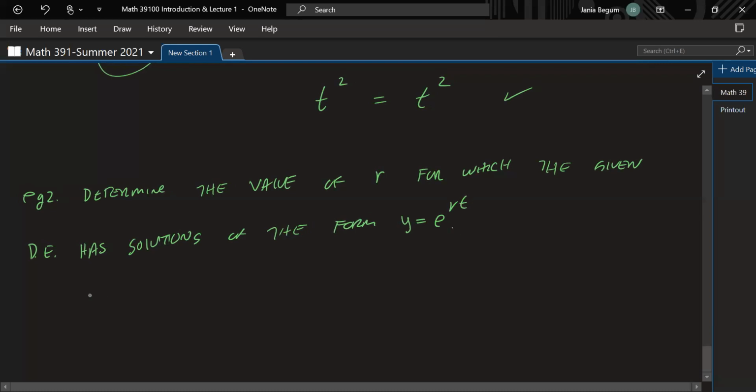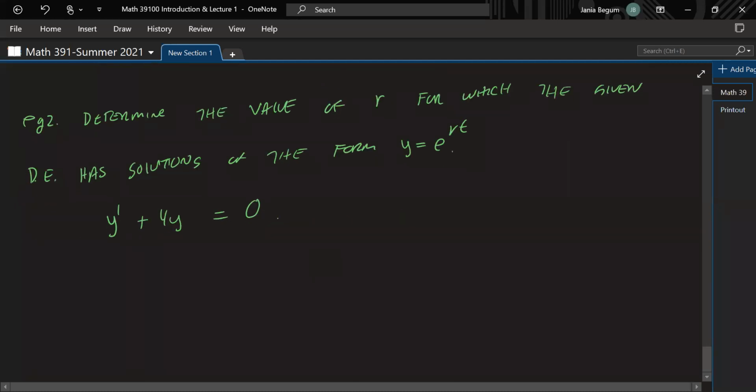And here's the differential equation: y prime plus 4y equals 0. So how would you do something like this?